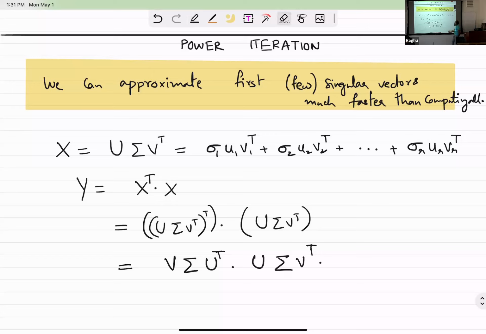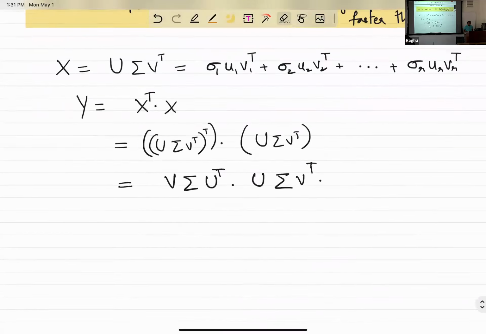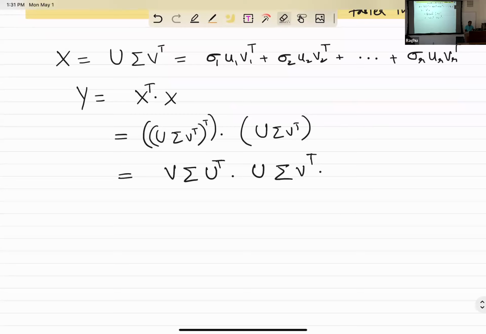Can I simplify this much more? Why and how? Yes, U transpose U is identity. Remember, we have associativity here: you're multiplying a bunch of matrices, the order is important, but the way you group them isn't. So I can group these two together first, and we have orthonormality of the columns of U, which means you have identity here, and then sigma times V transpose.